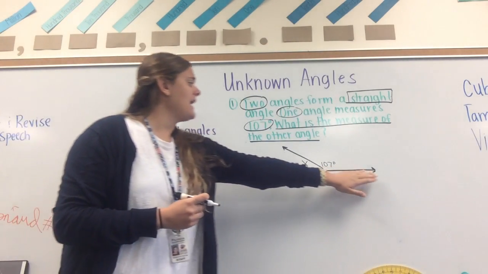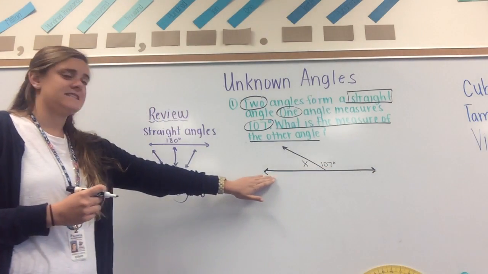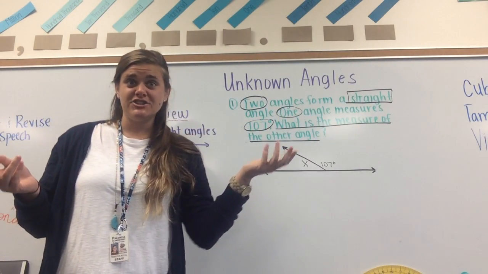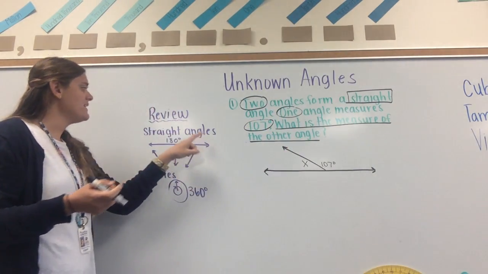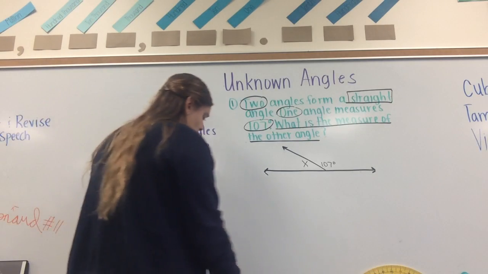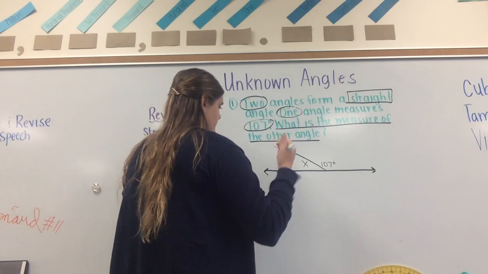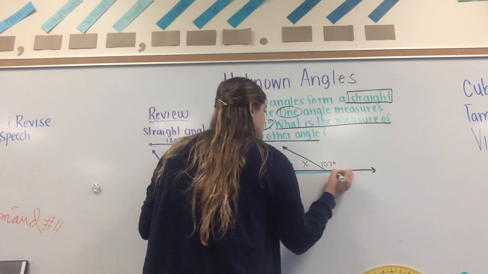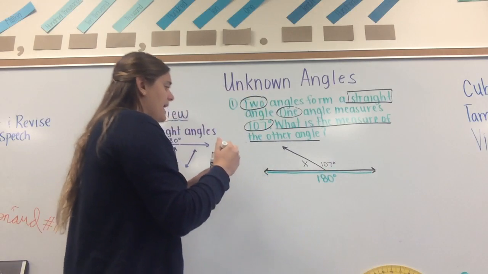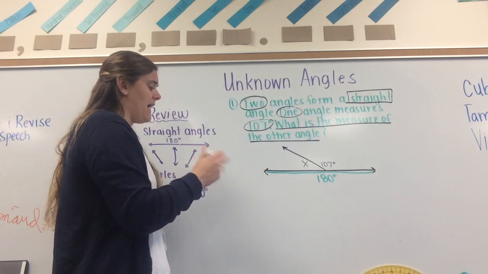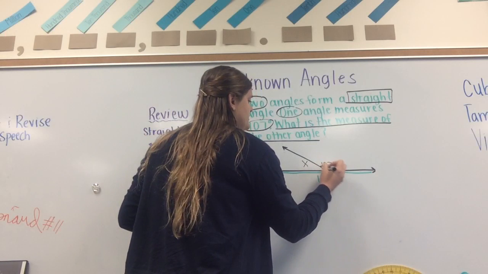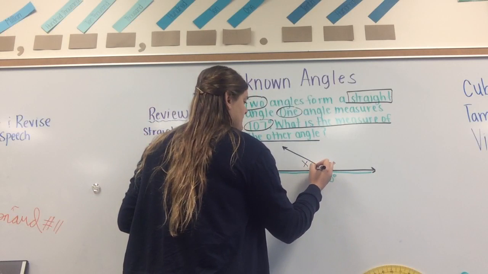First of all, I know the total of this line because it told me it was a straight angle. Based on my knowledge that I've learned in class, I know that straight angles are 180 degrees. So this whole line here is 180 degrees.